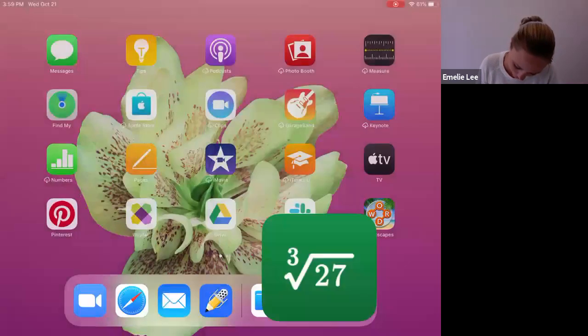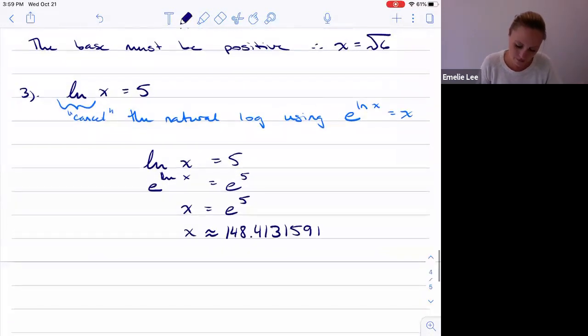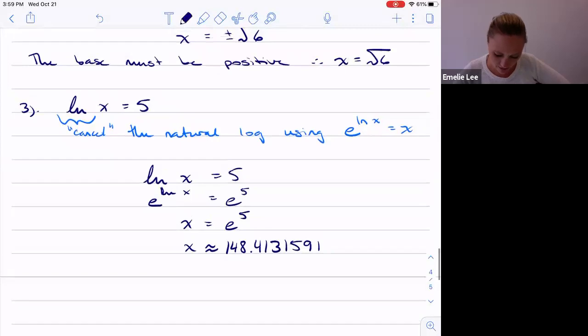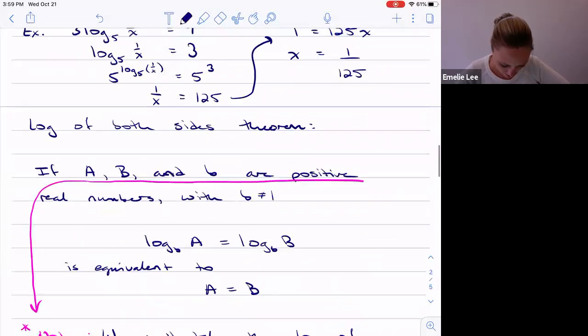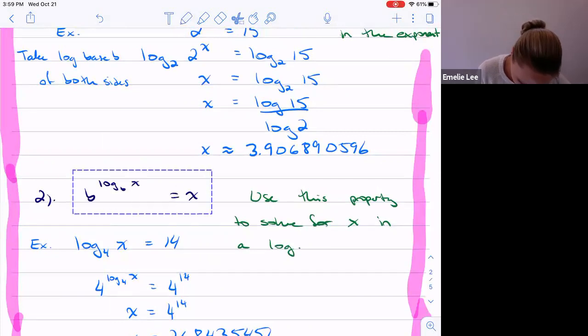There. 148.4131591. Technically, what I'm using here in this problem is the fundamental property here.